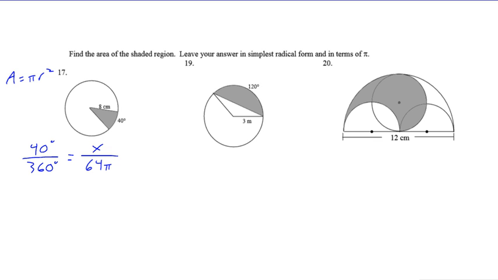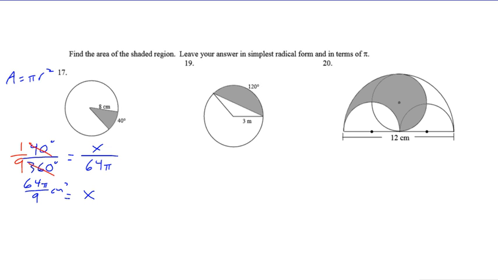Wow, this looks remarkably like the previous problem. We're going to simplify these to 1 over 9 again. Cross multiply on both sides. The area of this sector, on number 17, equals 64 pi over 9 square centimeters.